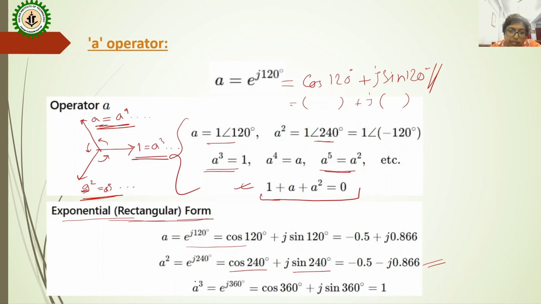Now similar way, A to the power 3, that is e to the power j 360, so cos 360 plus j sin 360. So after putting this value, we'll have the magnitude 1. So A to the power 3 equal to 1, that can also be proved by this expression. Okay, so that is the basic of the A operator.